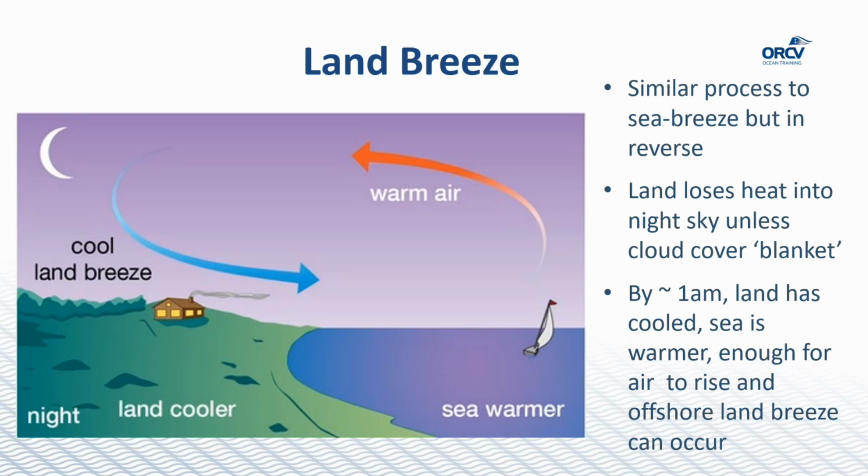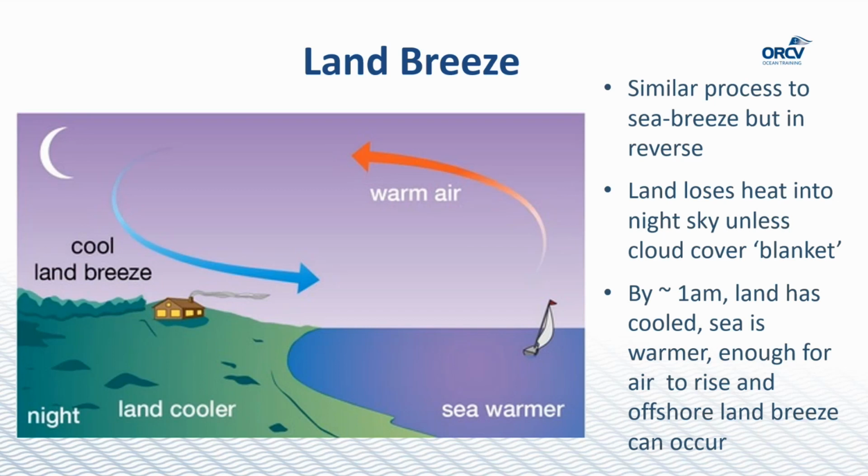Land breeze generally doesn't get more than 10 knots, but 4 knots even can be very significant. In a Melbourne-Hobart race, these effects are extremely significant.